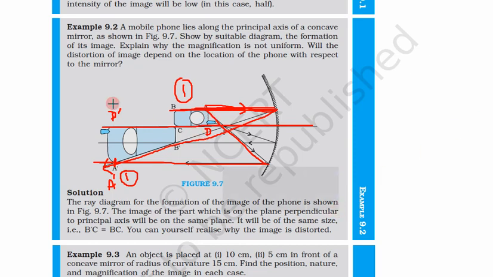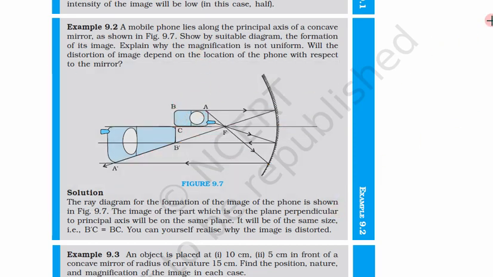But if we see the same thing for this BC, what happens? This ray comes from this B, and another ray from this point, when it goes through the focal point, becomes parallel. So this cuts at some other point which is the image of B, also called B dash.